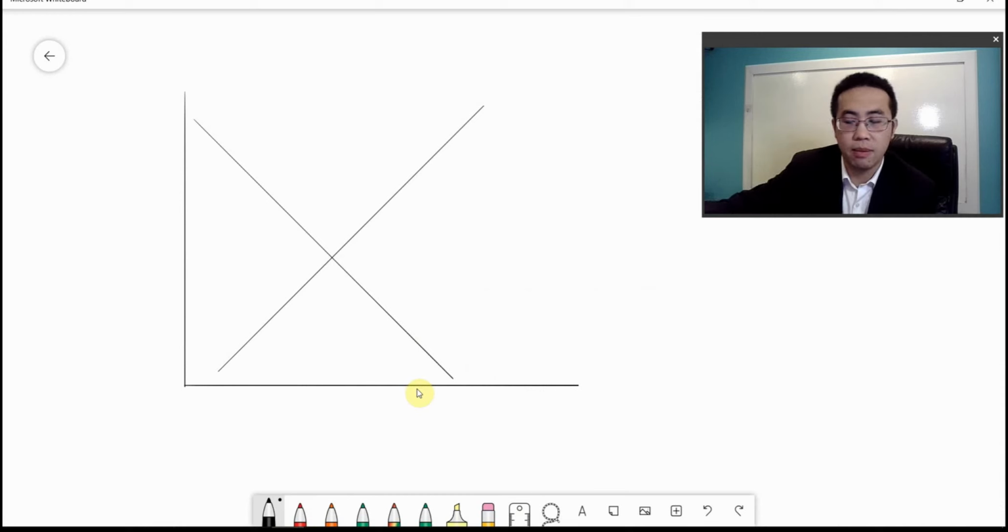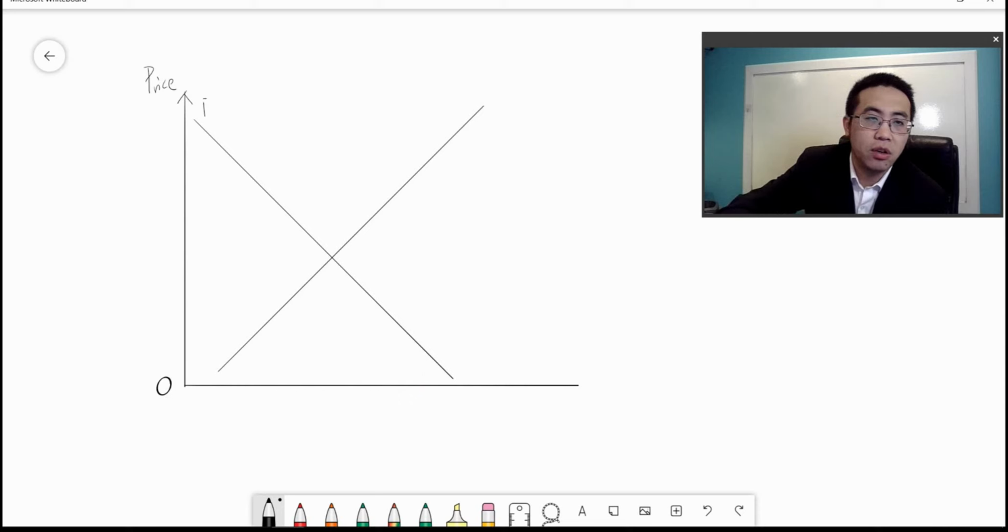Back to the most basic framework of microeconomics. We have a demand and we have supply. You should first know what constructs this diagram. The vertical axis is the price, and when the price is lower, the demand goes up, and when the price is higher, the demand goes down.